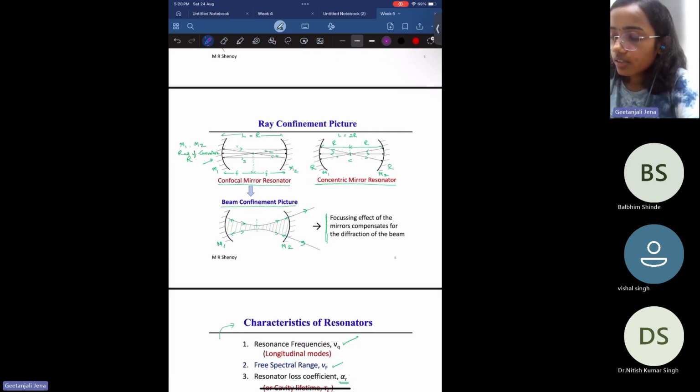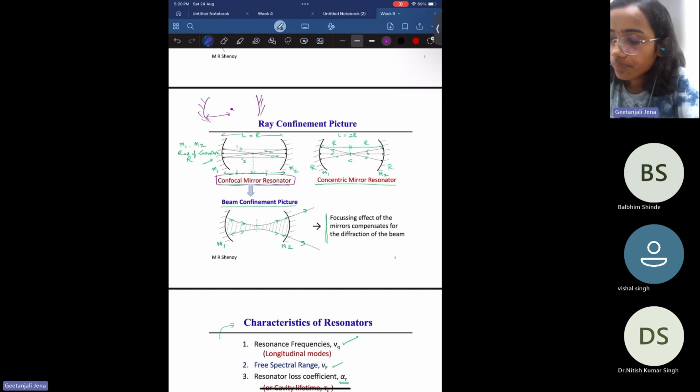If you see the first figure, it consists of a confocal mirror resonator. Confocal means these two mirrors have the same focus. So if you take two confocal mirrors, the focal points coincide, at the center point.